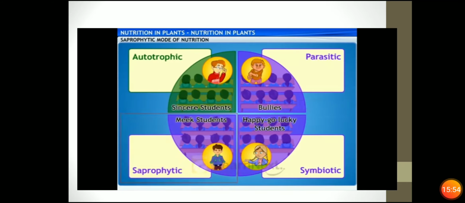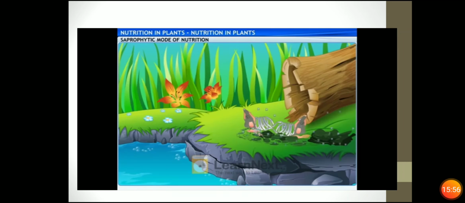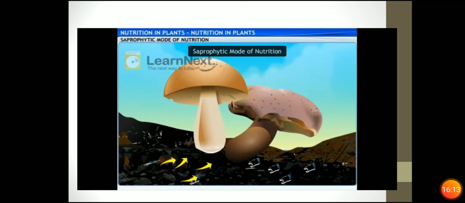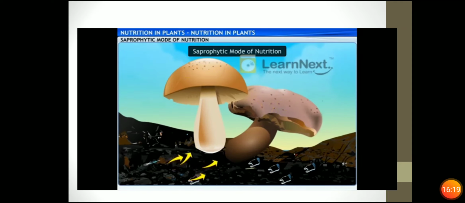Similar to students who copy their homework from others, some plants obtain their nutrition from decaying organic matter. They secrete digestive juices onto dead and decaying matter, and then absorb the nutrients from it. This mode of nutrition, in which organisms take in nutrients in solution form from dead and decaying matter, is called saprotrophic nutrition.